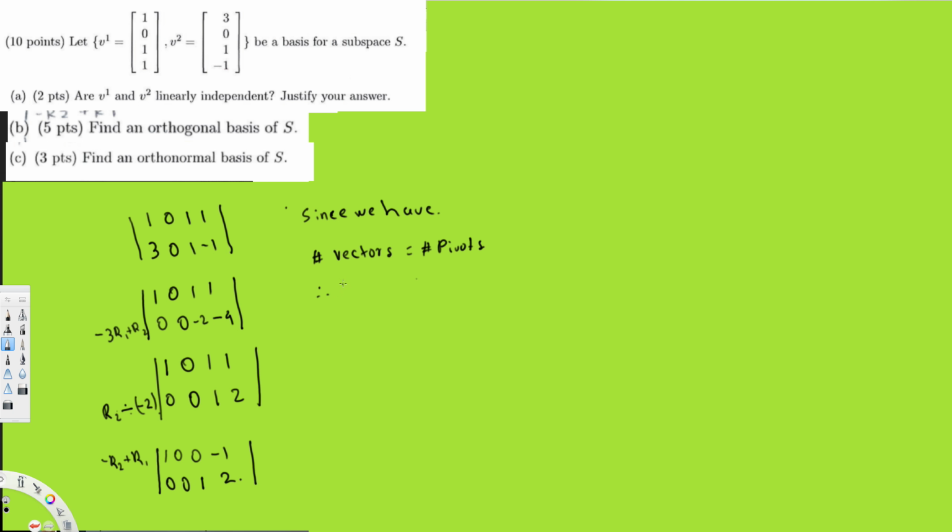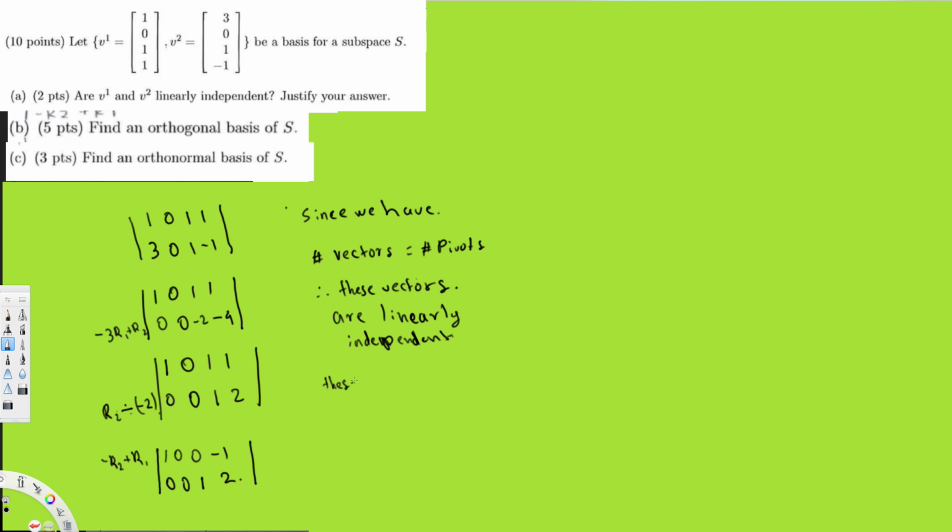Therefore, these vectors are linearly independent. Also they are not scalar multiplication of each other, so we can mention that too.